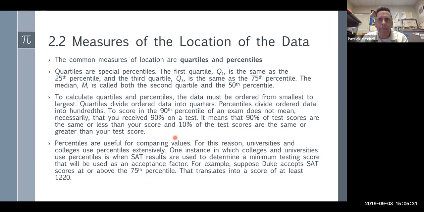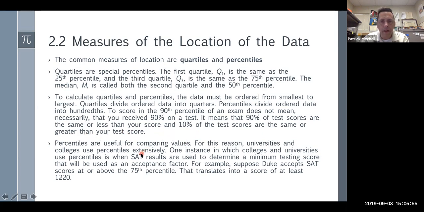So an 80% on an exam in one class might be very different from an 80% in the other class, relatively speaking. It might be more special in one class than in the other. That's the reason percentiles are often used to compare values.